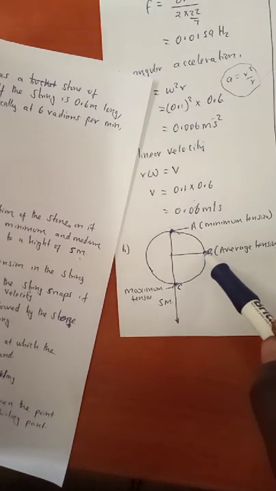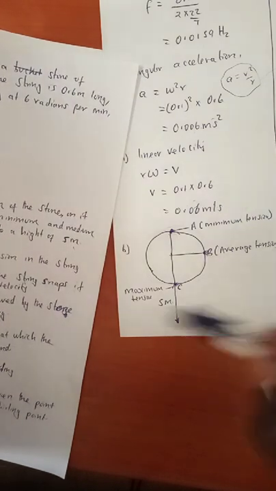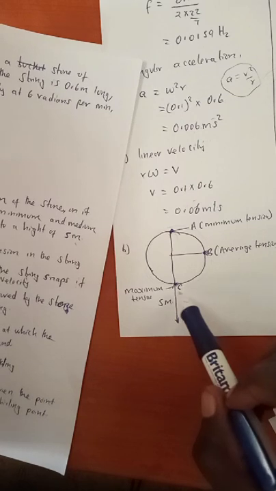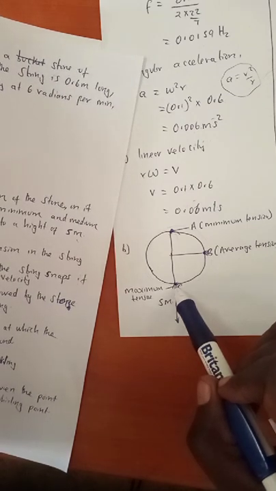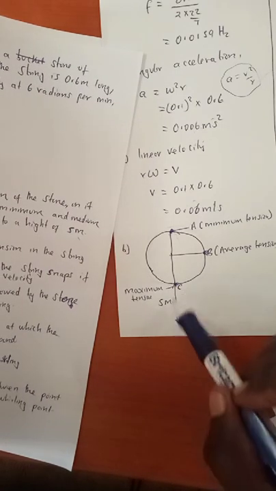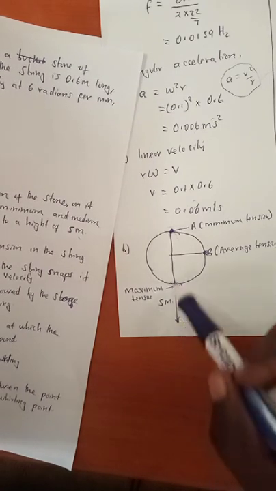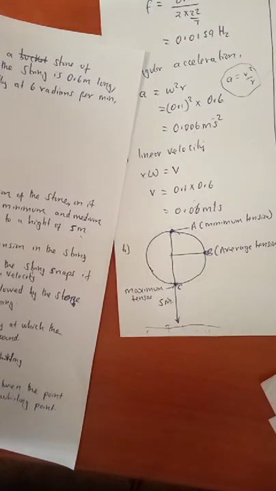Then at this position, B is the average, which is the same as when whirling in horizontal motion. Then at point C, the lower part, is the maximum tension in the string, and also the point where the string is likely to break. The height has been given as 5 meters from the ground. So you can just have this as our sketch.